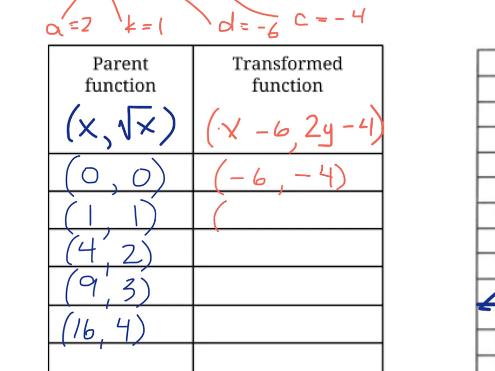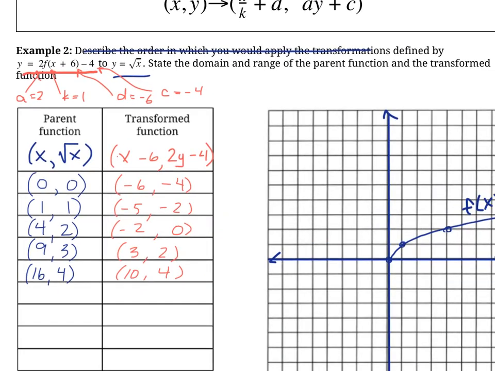So 1 minus 6 is negative 5. 1 plugged into that one is 2 minus 4, which is negative 2. 4, 2 is going to get transformed to negative 2, and 4 minus 4, which is 0. 9, 3 is going to get transformed to 3, 2. 16, 4 is going to get transformed to 10, and 2 times 4 minus 4 is 4. So there's our transformed function. That's each one of those points transformed to its new location.